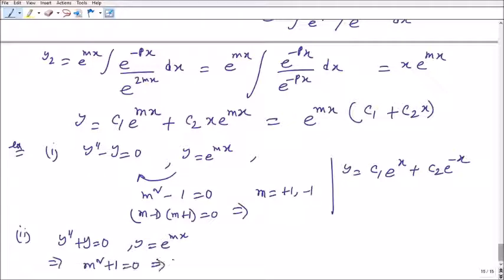So m1 and m2 are equal to i and minus i. So the general solution is y equal to e to the power 0 times x, as the real part is 0. So we can write c1 cos x plus c2 sin x.